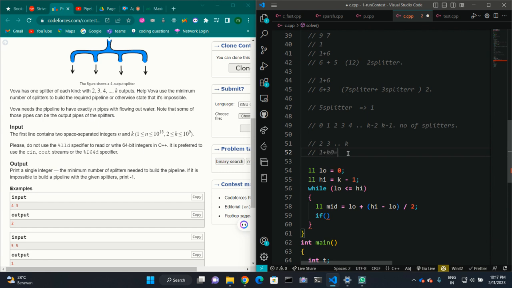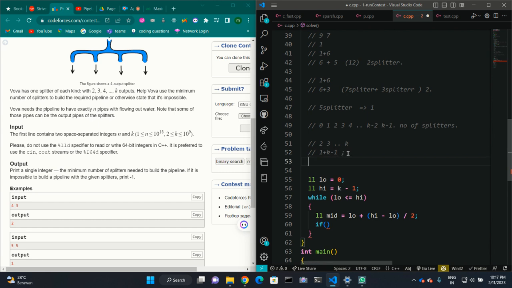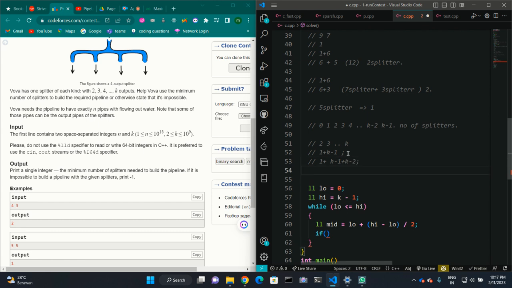If I use the last two splitters, then I'm generating one plus k minus one, k minus two. So you should write 1 plus 1, 2, 3, 4, 5 up to k minus 2. This one will be obviously there because initially there is one output.